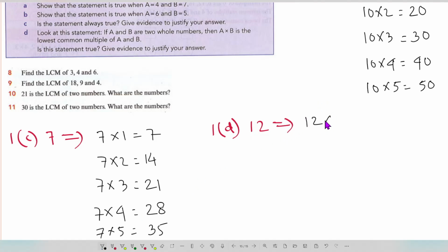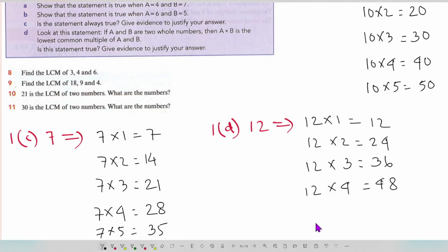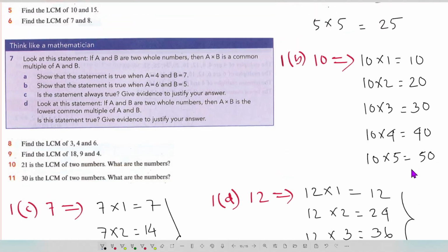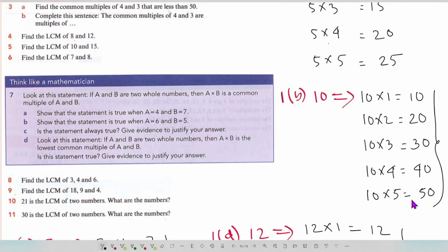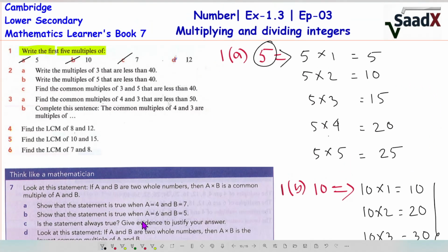So 12 times 1 equals 12, 12 times 2 equals 24, 12 times 3 equals 36, 12 times 4 is 48, and finally 12 times 5 is 60. Okay, so these are the first 5 multiples of each number. So number 1 done.